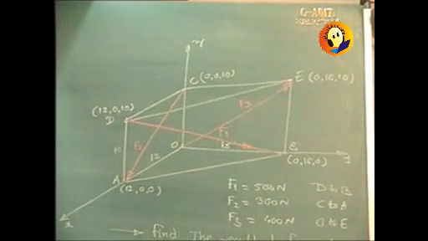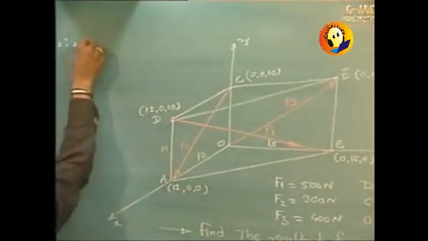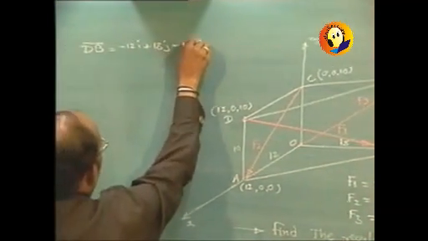Procedure will be first to find out all the vectors. That is, find out DB bar, which can be directly written as coordinates of B minus coordinates of D, since it is from D to B. So it will be minus 12i plus 18j minus 10k.